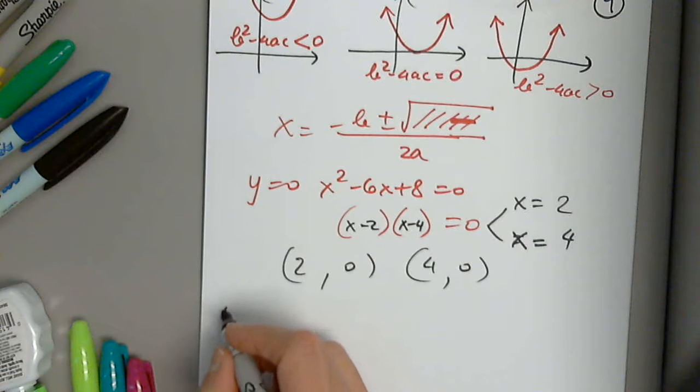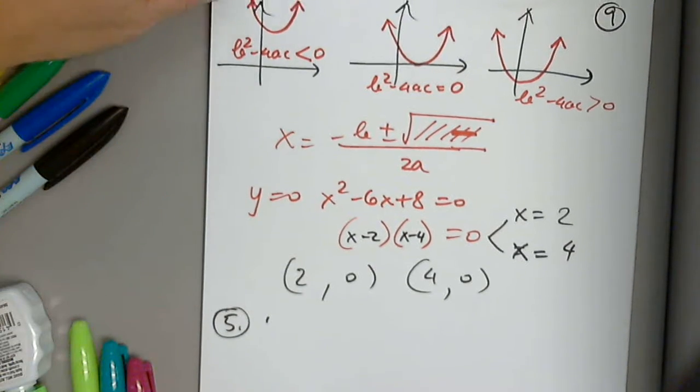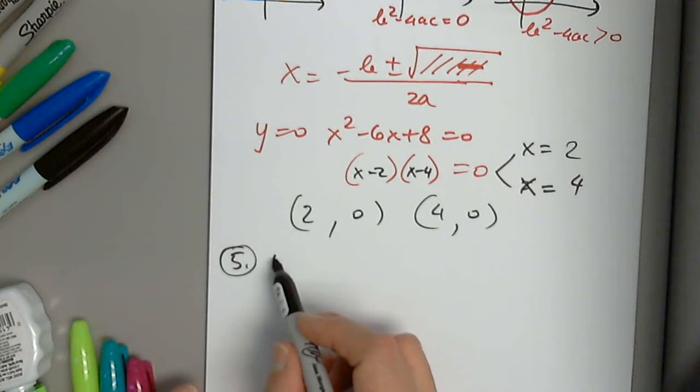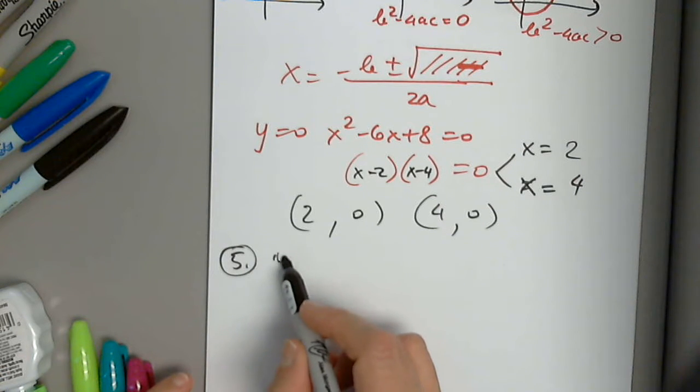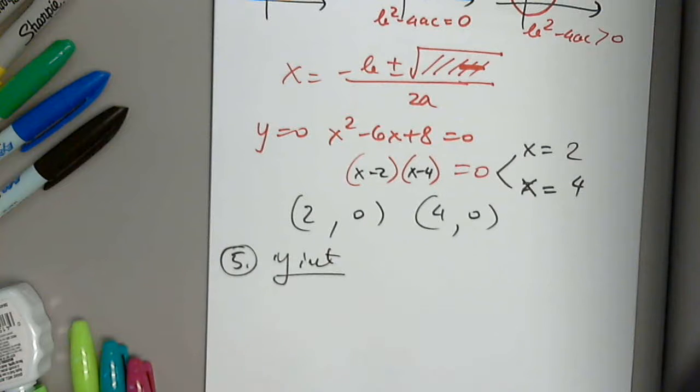Perfect. The next step is number 5. What do you think the next step would be? The Y-intercept, which will always exist. That's what we need to do for any function. So how do I determine the Y-intercept?